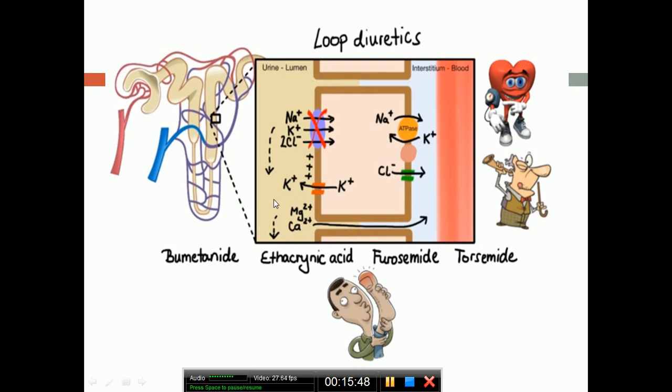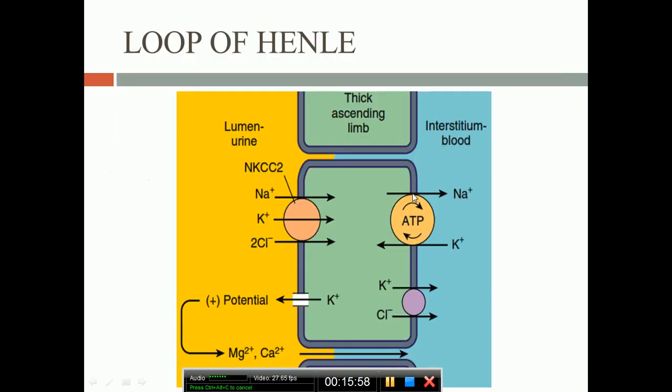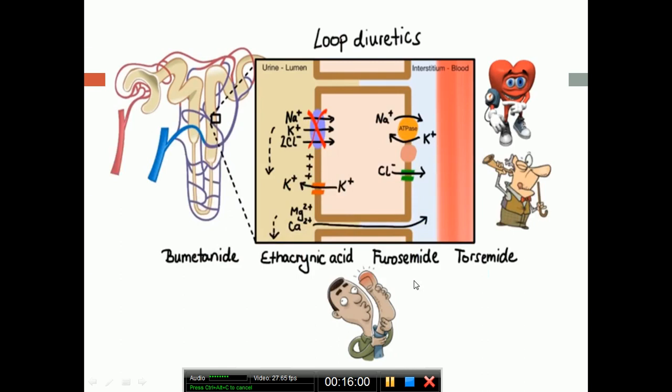It makes a potential positive here. Then it goes back here, is again reabsorbed, and again comes back. So this is called potassium recycling, and this lumen positive charge is due to potassium recycling. Once you block this channel, what happens? This disturbs the lumen positive charge and blocks the magnesium reabsorption. Simply.